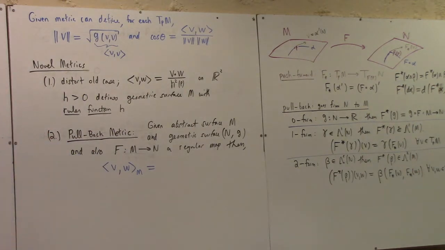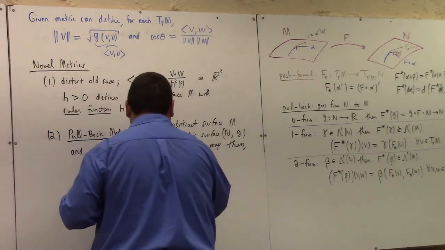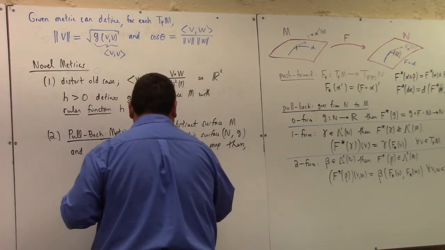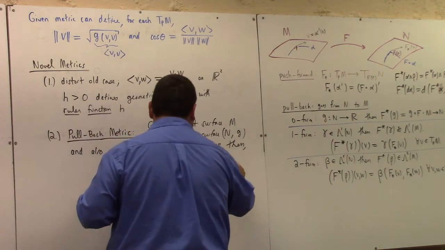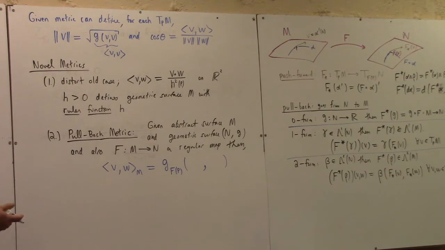Well, we want to define it in terms of the metric on N, right? So what we'll do is G of F of P, and then I need to feed it a pair of vectors on N. But how do you get a pair of vectors on N if you have a pair of vectors on M? You use the push forward under the regular map.